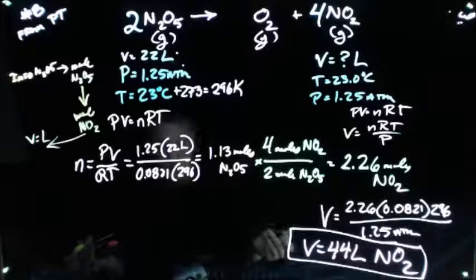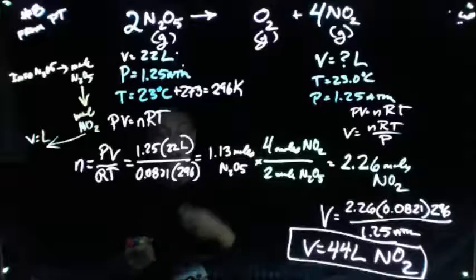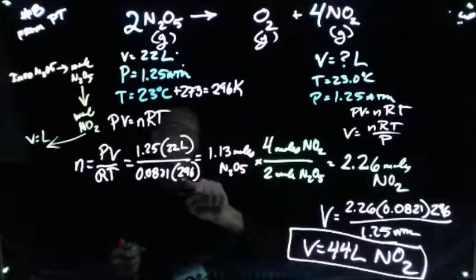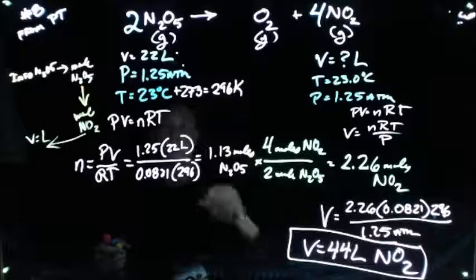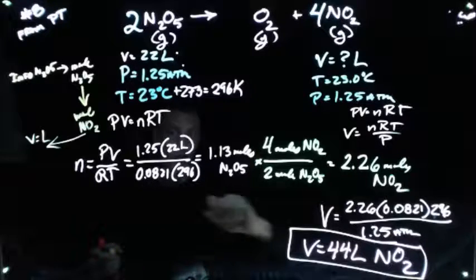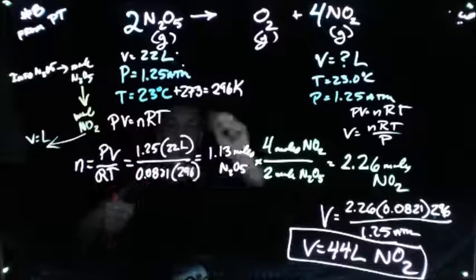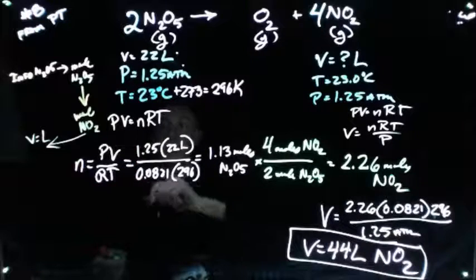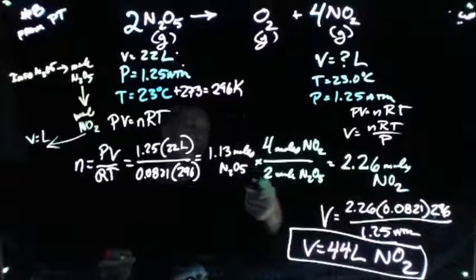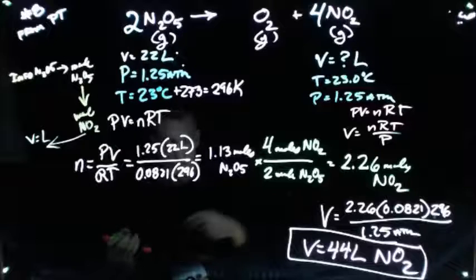Also notice mathematically, we divided by 296, we multiplied by 296. We multiplied by 1.25, we divided by 1.25. We divided by 0.0821, we multiplied by 0.0821. So mathematically, all of this canceled out, and all we did was take volume of N2O5 times the mole ratio and got the volume of NO2.